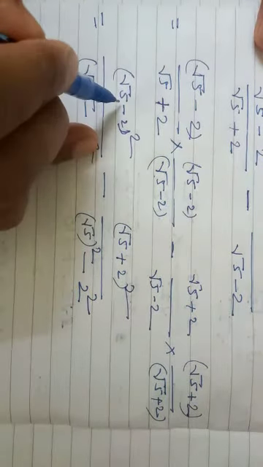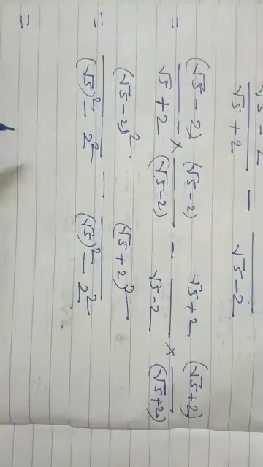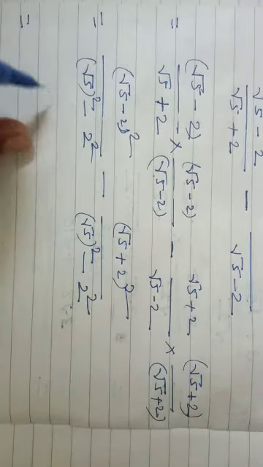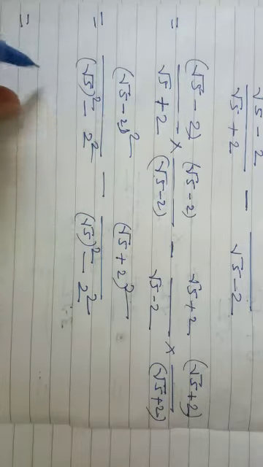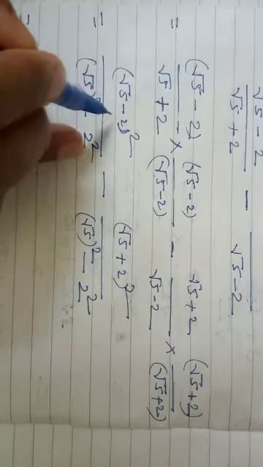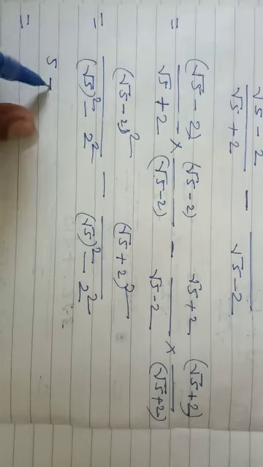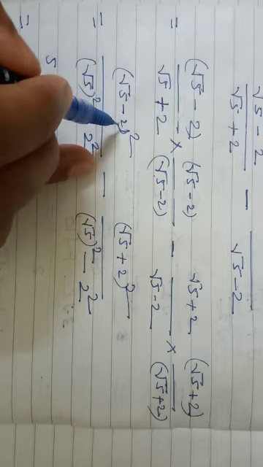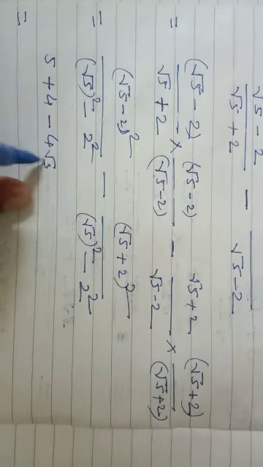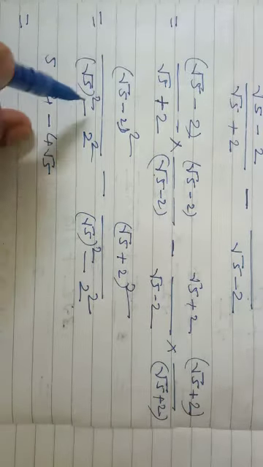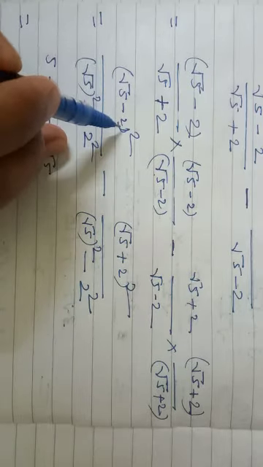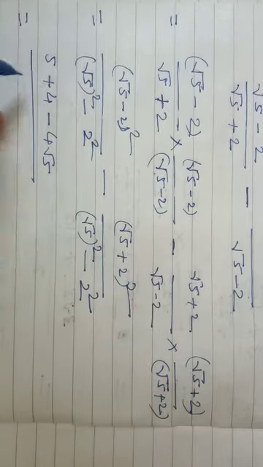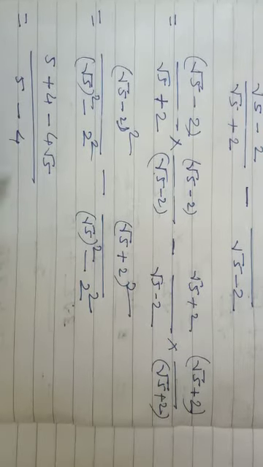Now solve a minus b whole square, it means a square plus b square minus 2ab. A square is root 5 square, 5. B square is the square of 2, 4. Minus 2ab, 2 times 2 is 4, root 5. The value of a is root 5 and b is 2, so 2ab is 4 root 5, upon a square minus b square, 5 minus 4.